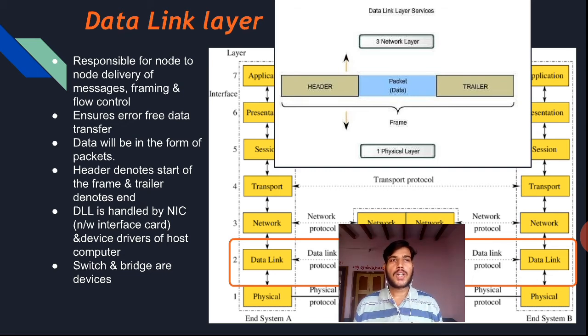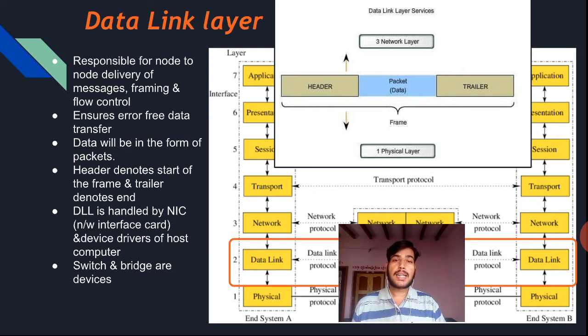In this figure, you have observed that a packet has three portions: header, packet, which has the actual data to be transmitted, and at last the trailer. The header denotes the starting point of the frame and the trailer denotes the ending point of the frame.